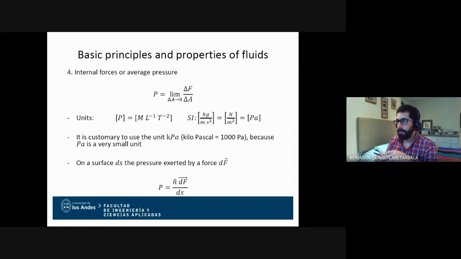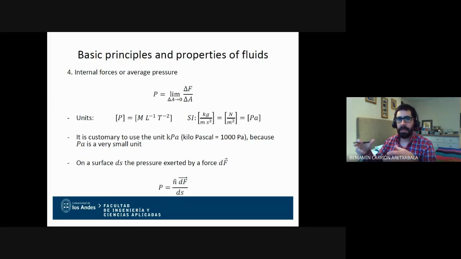You all know this from previous courses, and pressure is expressed in newtons over square meters, or pascals. Normally, depending on the units, we can talk about kilopascals, megapascals, gigapascals, etc. Because normally 1 pascal is a very small unit.